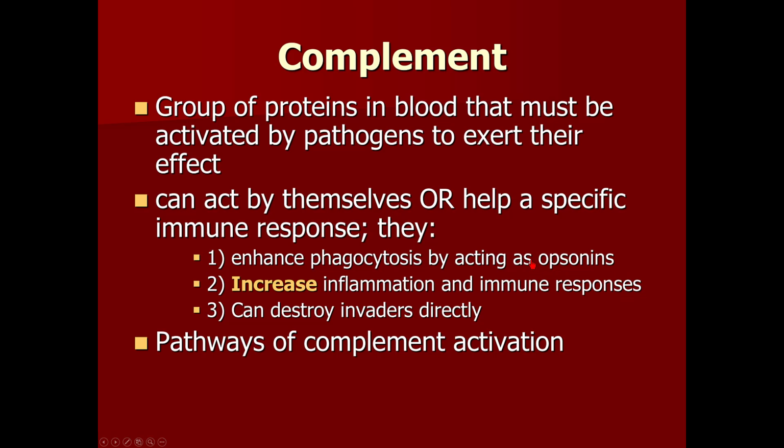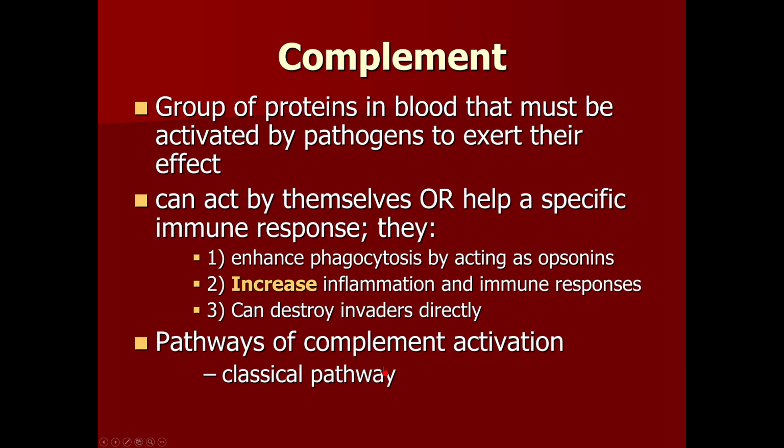It paints molecular bullseyes on this pathogen and says, this thing is bad, eat it, right? So some of these complement proteins can opsonize pathogens when they bind, right? Antibodies can also do this. Right? Some of these complement proteins, when they're activated, can increase the inflammatory response and activate certain immune responses. And some proteins of the complement cascade can destroy invaders directly.